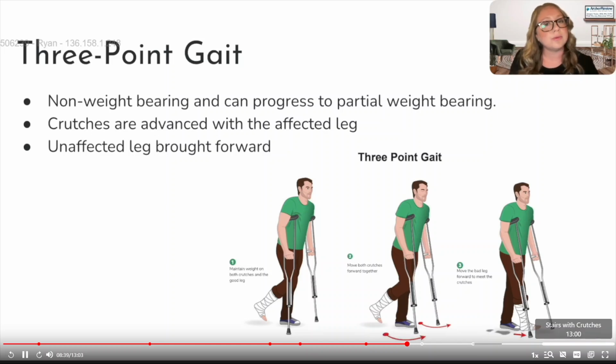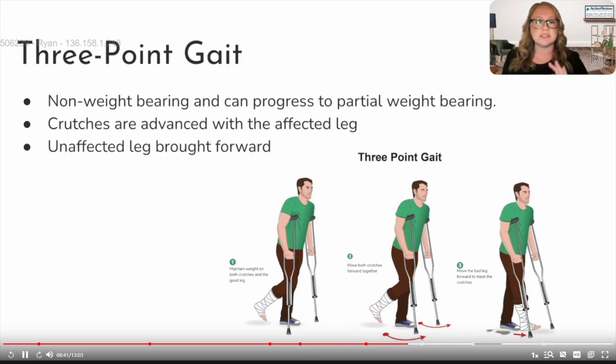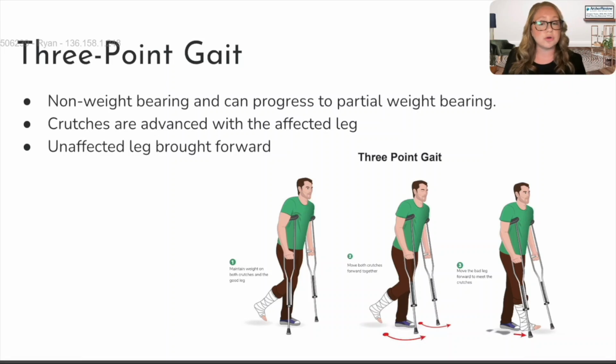We call it 3-point because there's always 3 points of contact with the ground, 2 crutches and a leg. Remember, it can be non-weight bearing with that foot that's bad all the way up. And as the client progresses, they can gradually set that foot down and start bearing a little bit of weight.